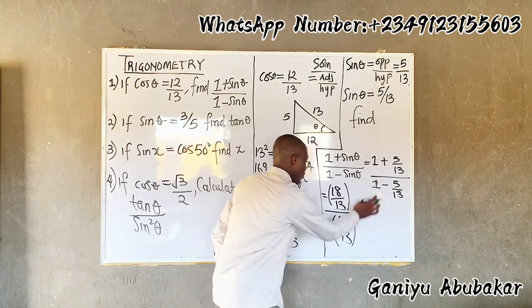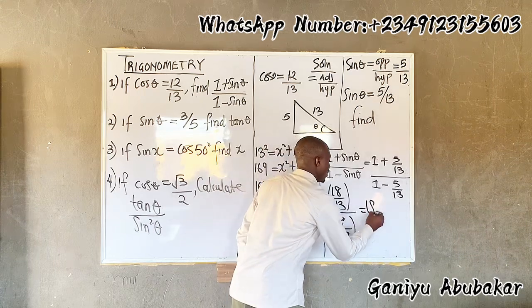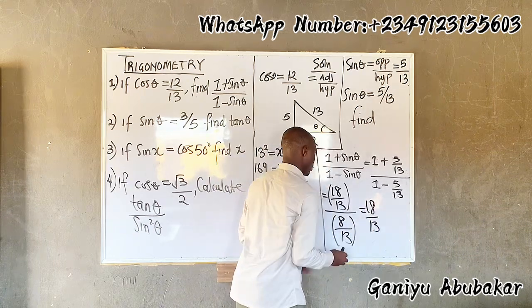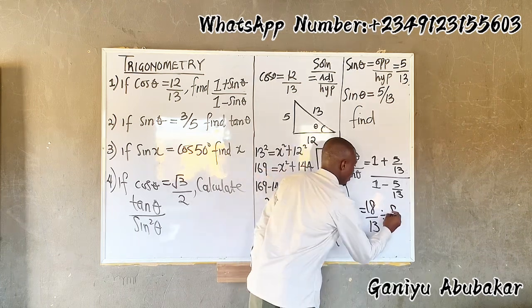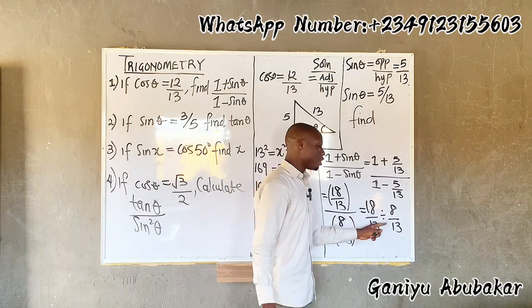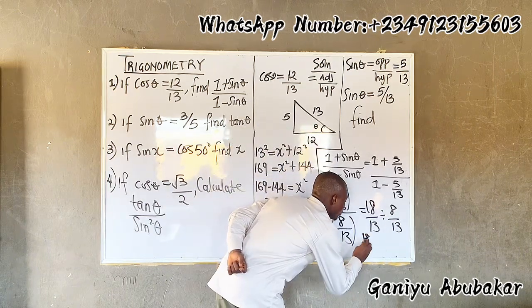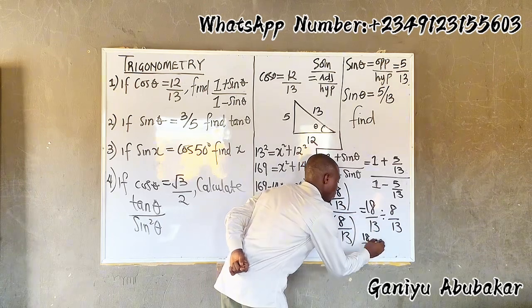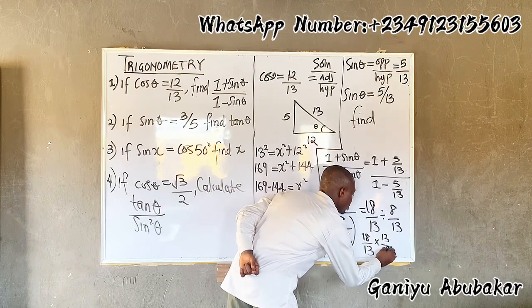Alright, from here, simplify this further. The numerator is 18 over 13, divided by 8 over 13. From here, change the division to times. So I'll have 18 over 13 times 13 over 8.